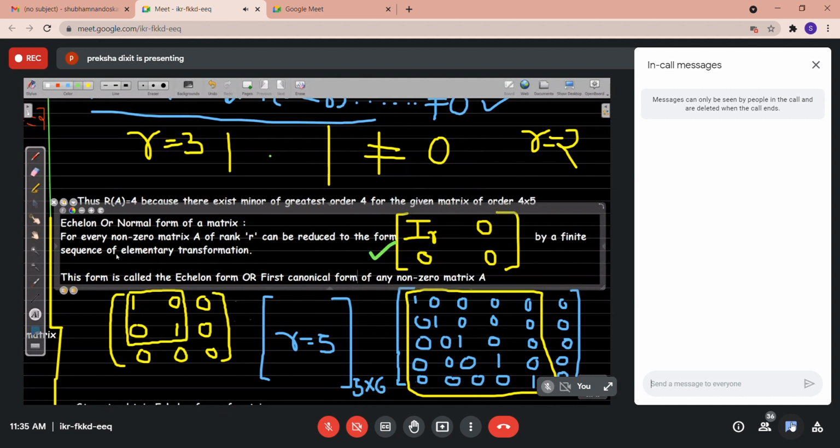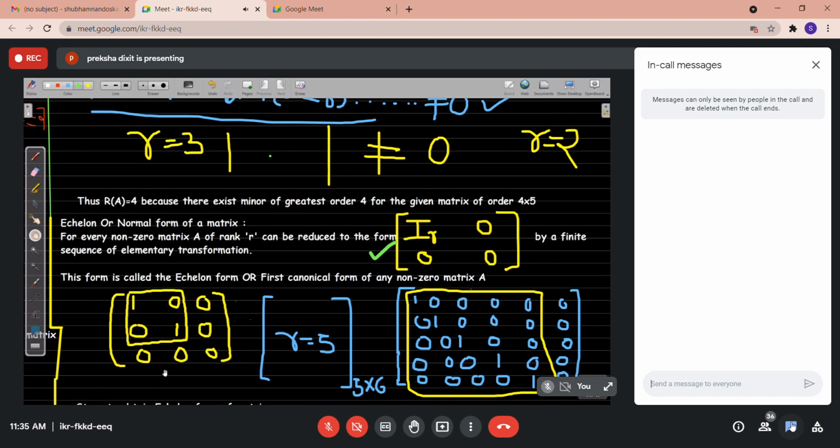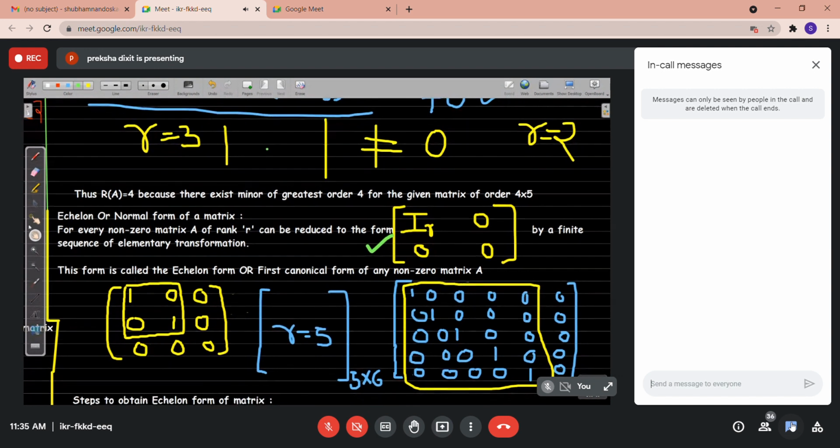So a few examples of echelon form of a matrix are here. Let me explain these examples. The order of a matrix is 3 cross 3. Suppose there is any non-zero matrix of order 3 cross 3. So how is its echelon form going to look like?